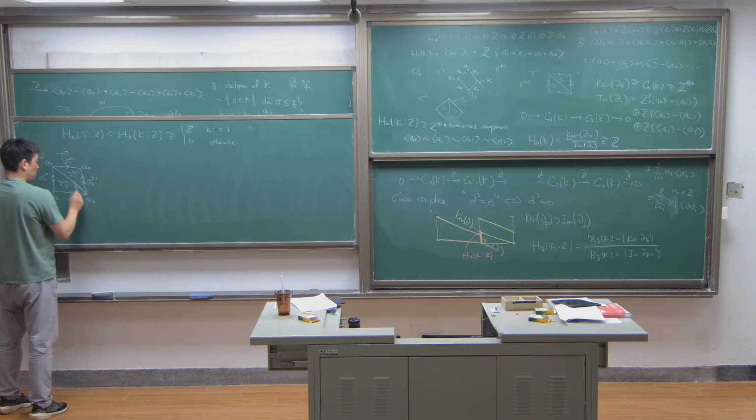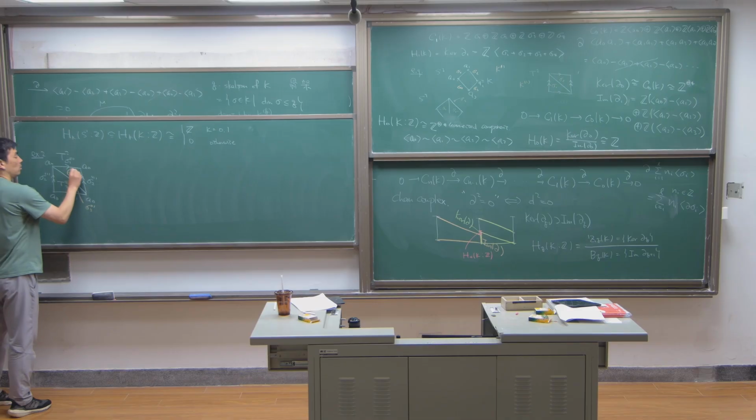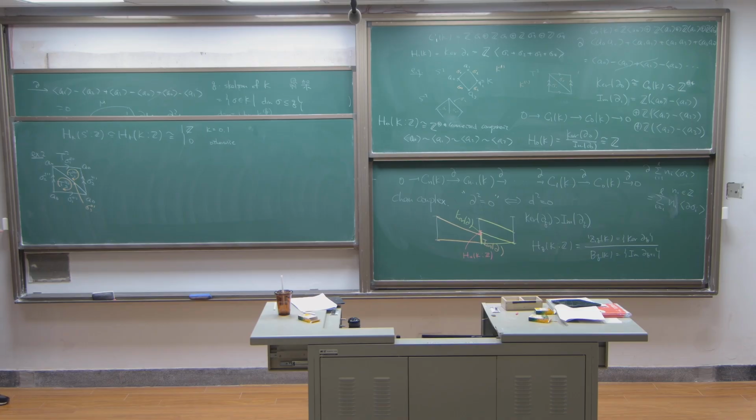This one is sigma 3, 1. And the orientation is always taken like this one. So if you take a boundary, you have this one, this one and this one.